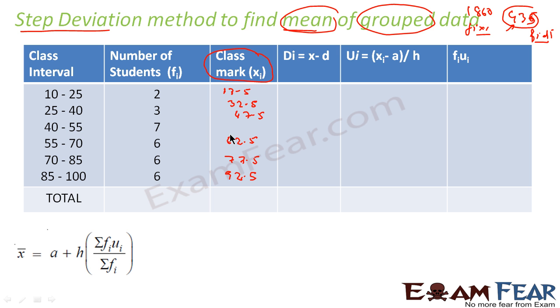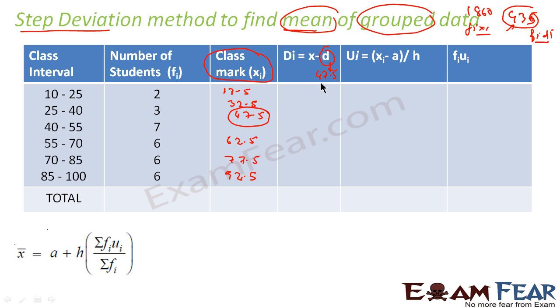Again, in this case also, the first thing is that you have to assume a mean, because it is one step ahead now. So here also let me assume this is my mean. So this will be xi minus d, where d is 47.5.